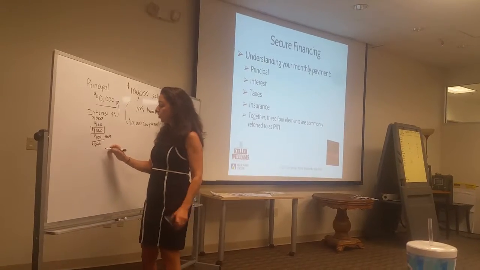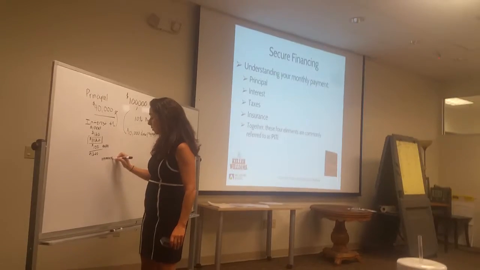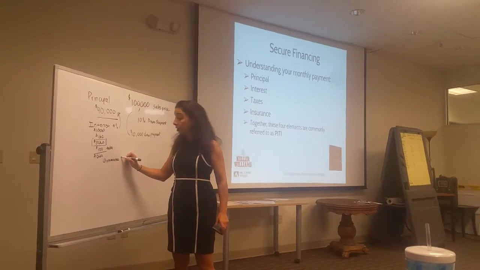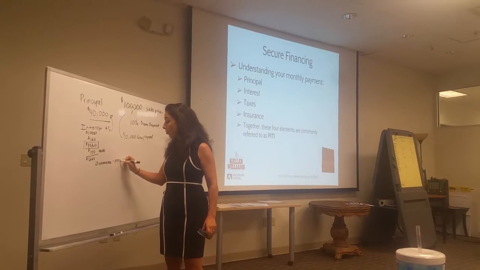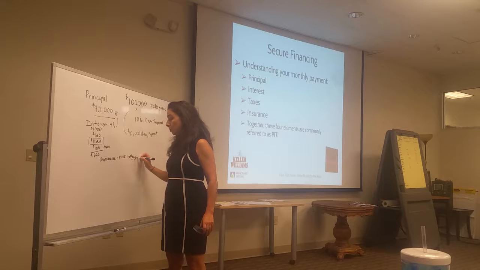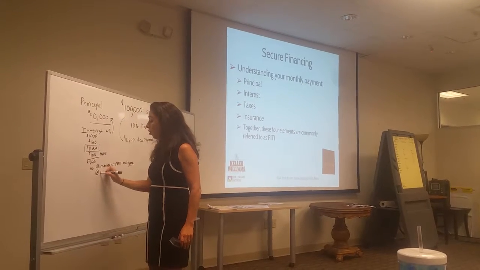And then you have to have insurance. And there are two kinds of insurance. Insurance number one is insurance that we talked about, the mortgage insurance. It's called PMI, private mortgage insurance. Let's say that's $50. And then you're going to have home insurance.